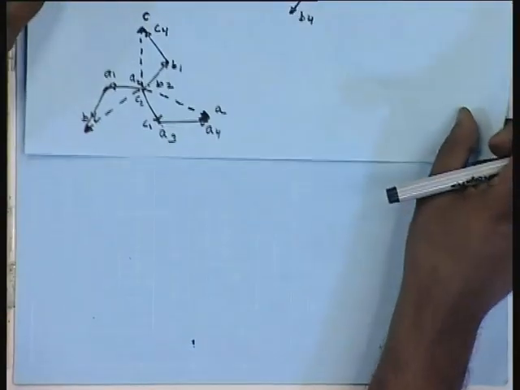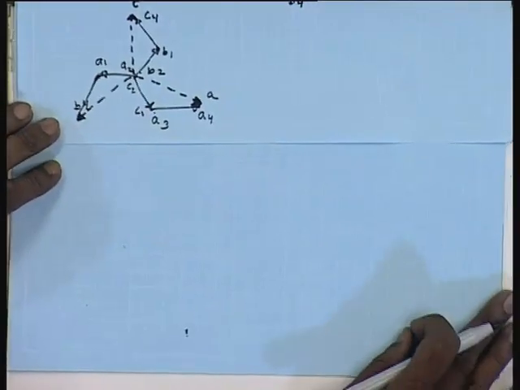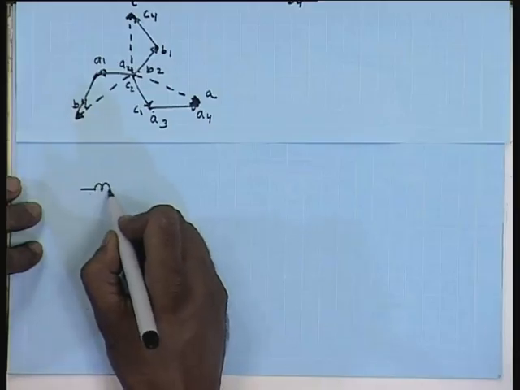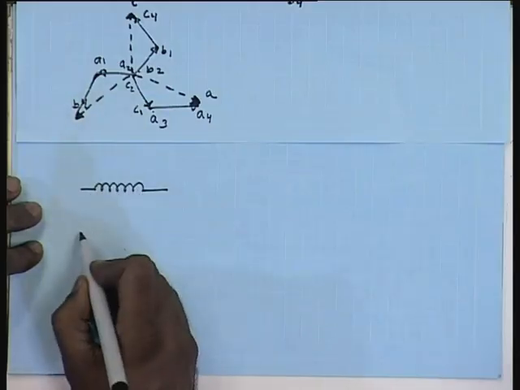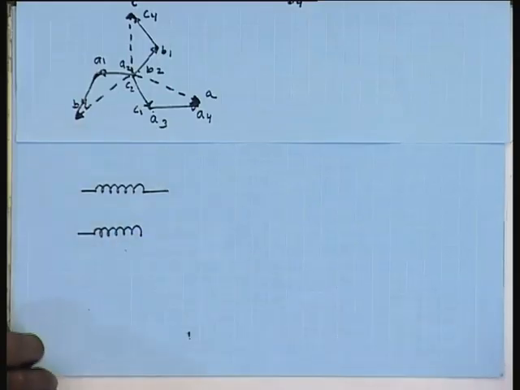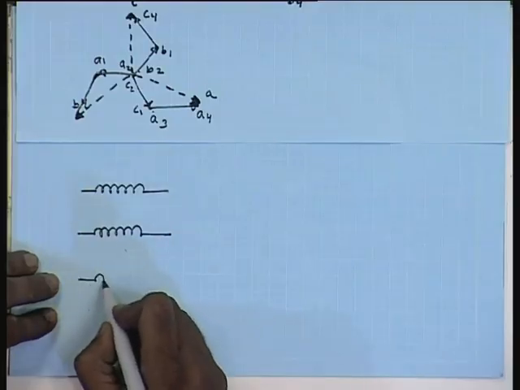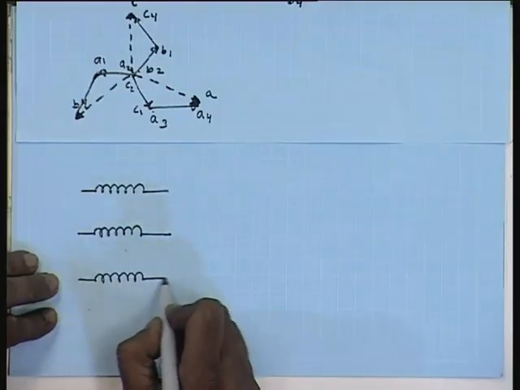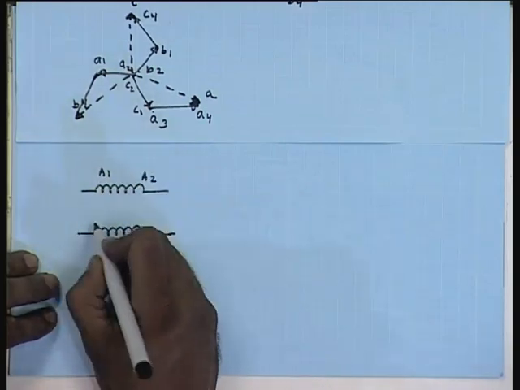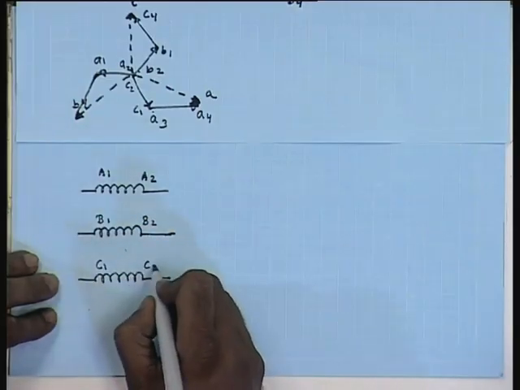As far as the connection is concerned, we have 3 windings on the high voltage side, A1 A2, B1 B2, C1 C2.